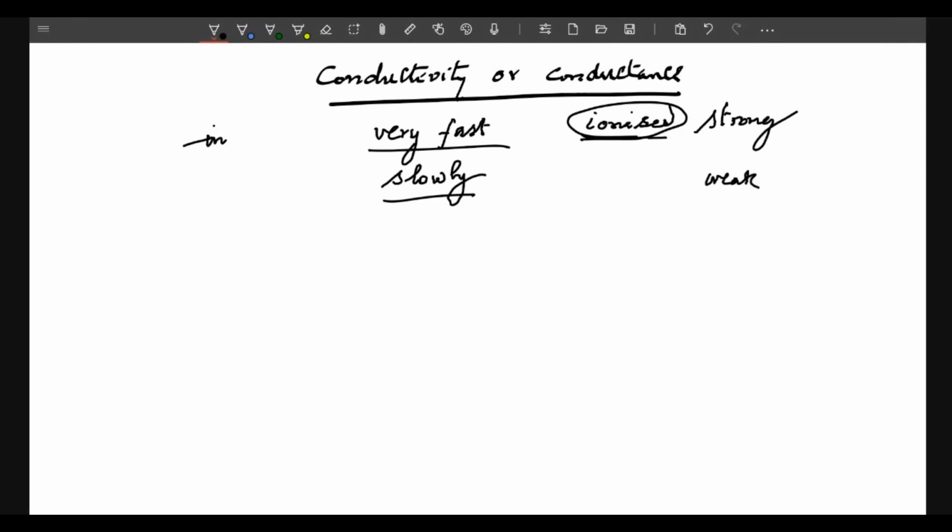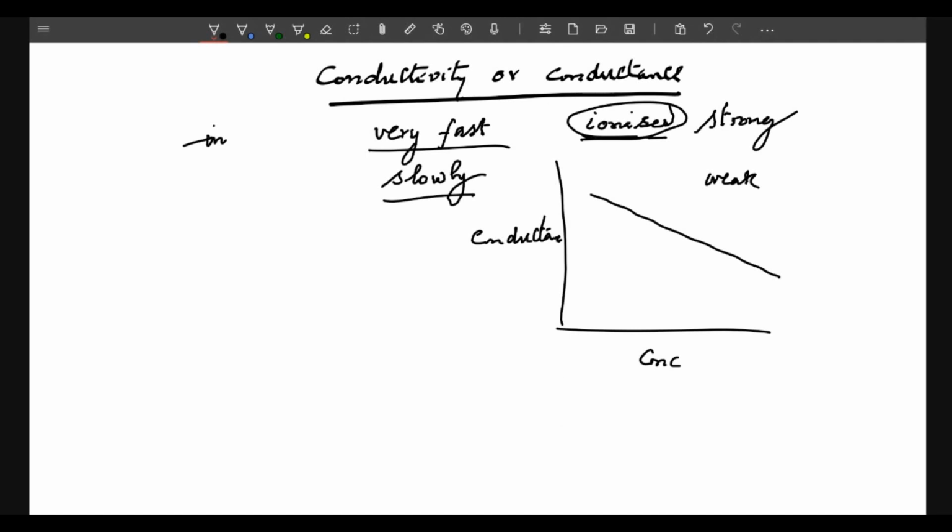And if you plot the conductance versus the concentration, for the strong electrolyte, there is at most a small slope.